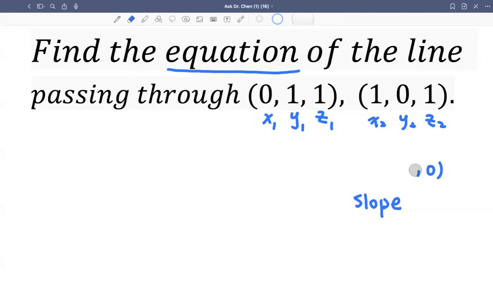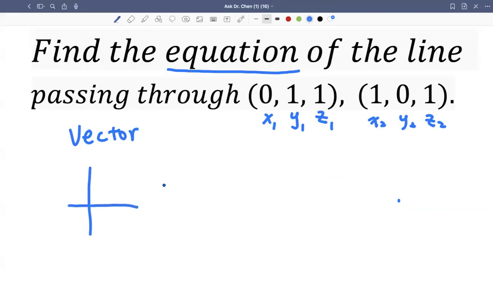We want to use a vector idea. So what does a vector mean? Let's say a 2-dimensional vector.